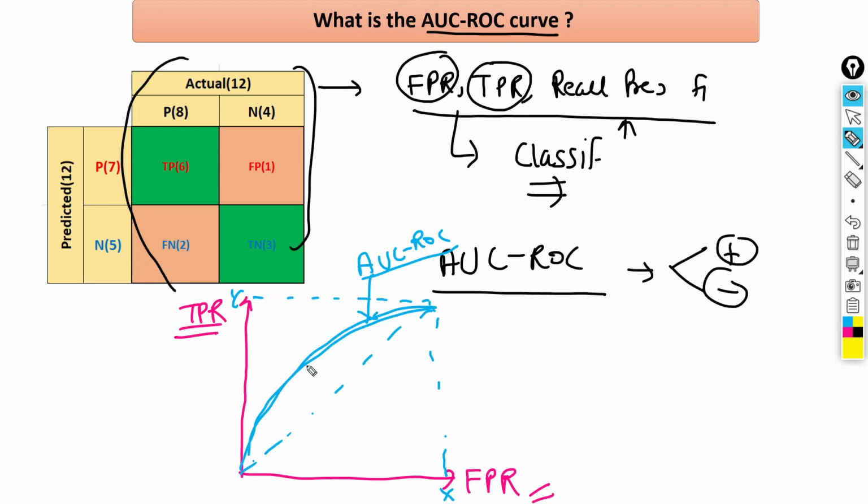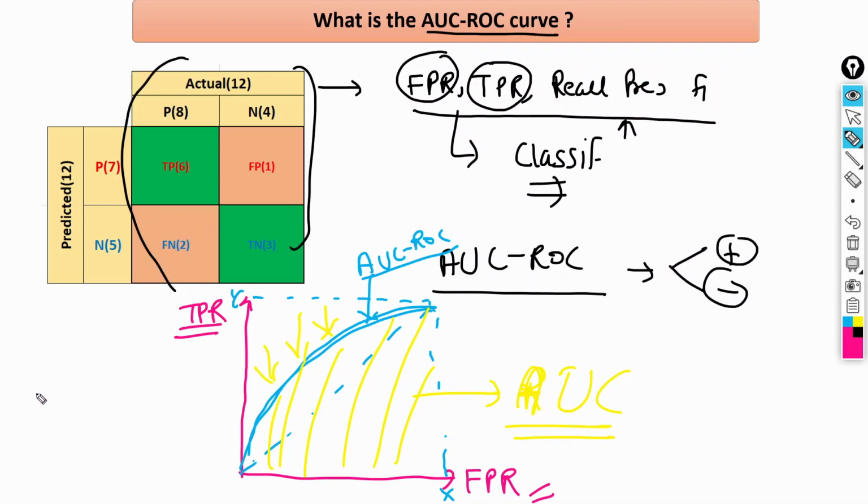The area below this particular curve is called the area under the curve, AUC. We use this curve to check the performance of the classification model. We will discuss later how to use it. First we have to understand how we draw this curve.